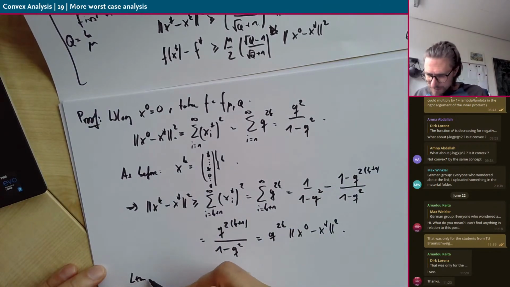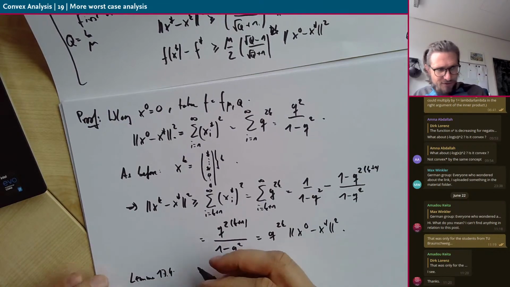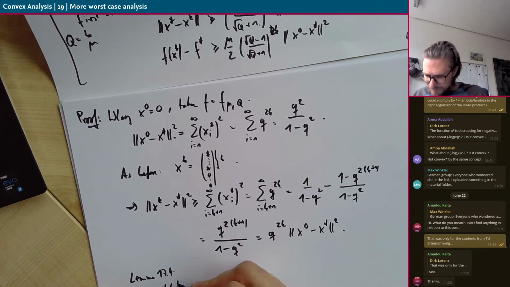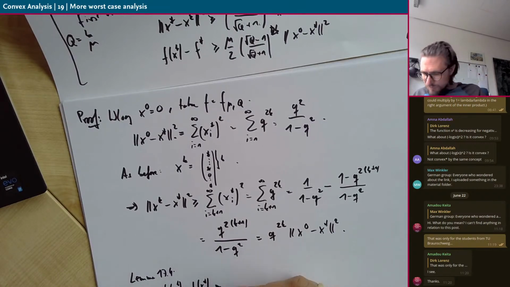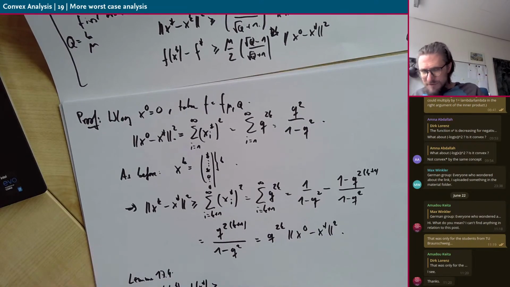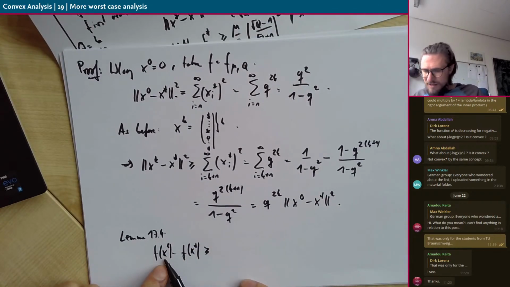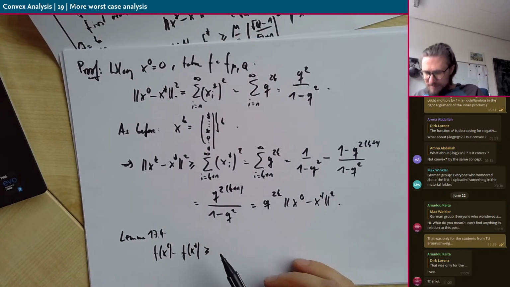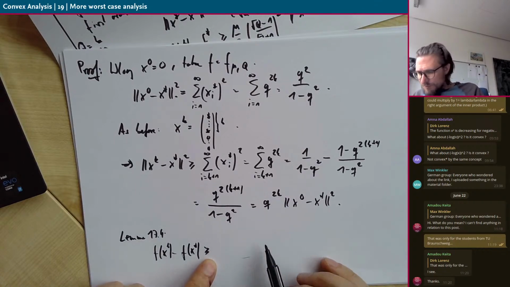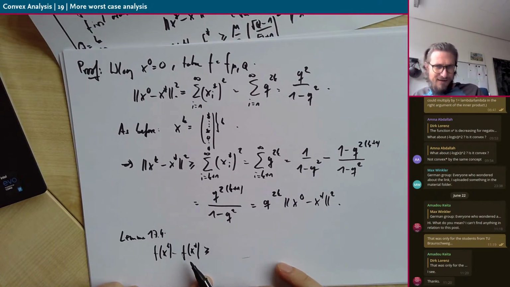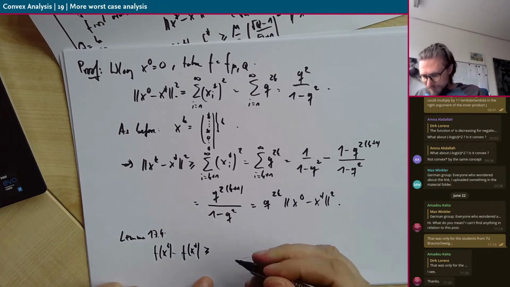There we had a lemma 17.4, which shows that f of xk minus f of x star is larger or equal to the inner product of the gradient of f at x star with xk minus x star, but that's 0 because x star is the minimizer.